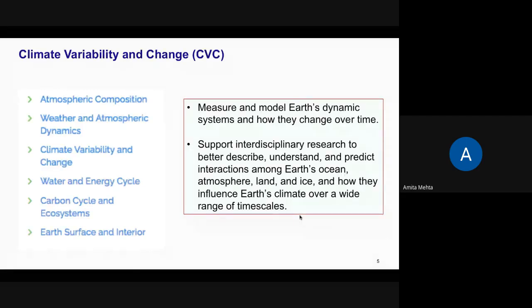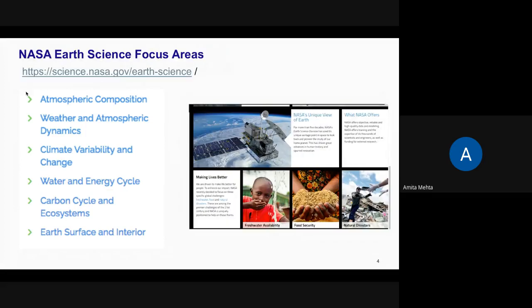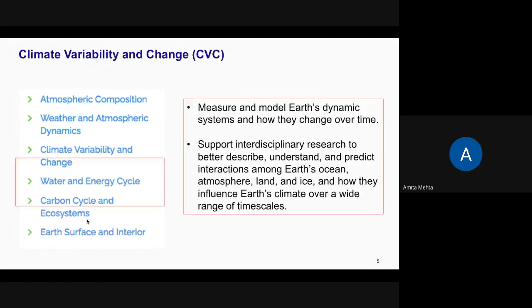What we are going to do today is talk about some of these focus areas. If you go to this website, you will have a lot of information. You can click on each of these focus areas to understand more. We will focus on satellite data and models which are useful for climate variability and change, and water resources. These two I'm going to focus on. So we will talk about satellite data and models which can be used for studying these topics.